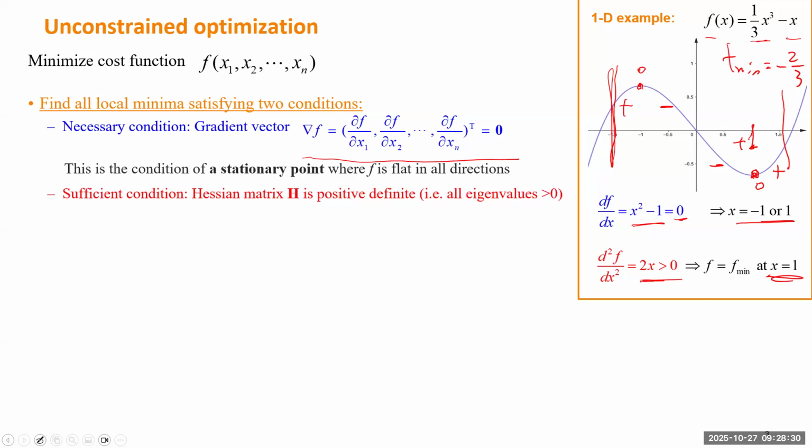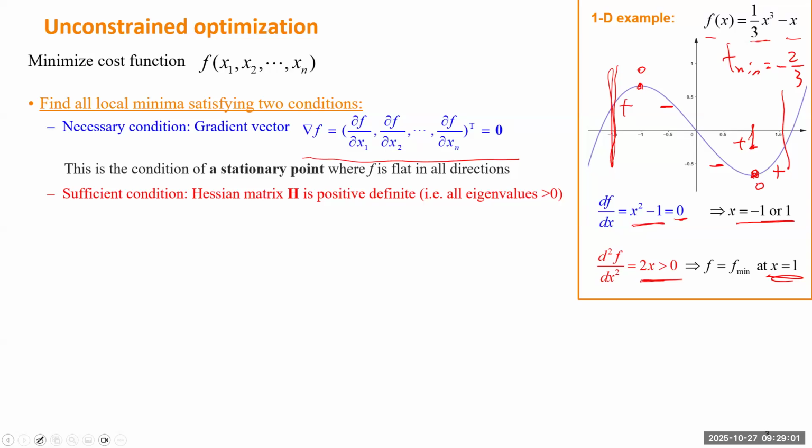The next condition is a sufficient condition. So we need to check the second order derivative. Because there are many variables, when you calculate the second order derivative, you first calculate the first order derivative regarding one variable, then you move to the second variable. If you investigate all the combinations, they form an n by n matrix.